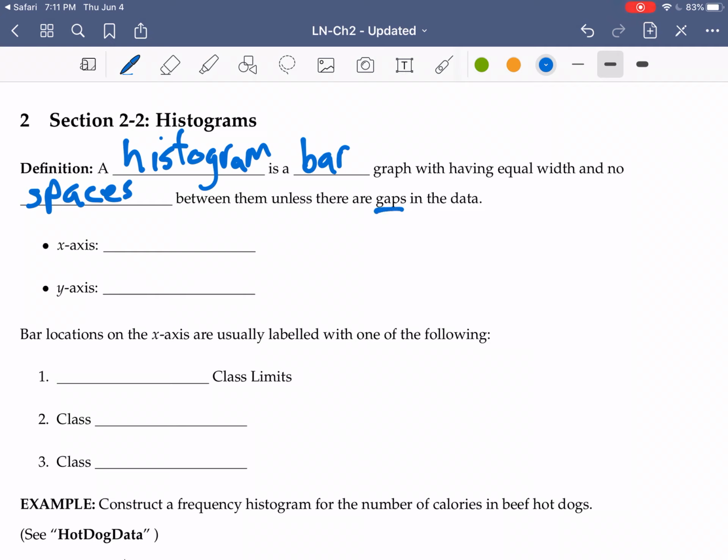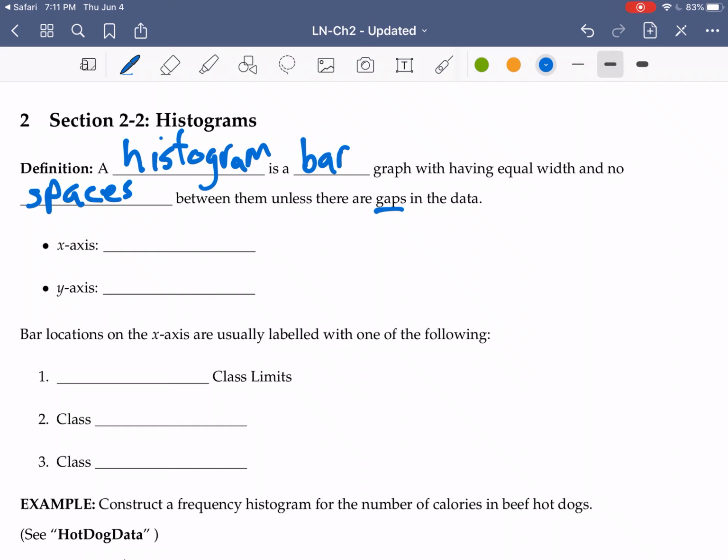So if you have a class where there is no one in it, the frequency was 0, then it would look like there's a gap between two consecutive bars because there's really, I think of it as a bar with a height of 0, and so it looks like it's not there.